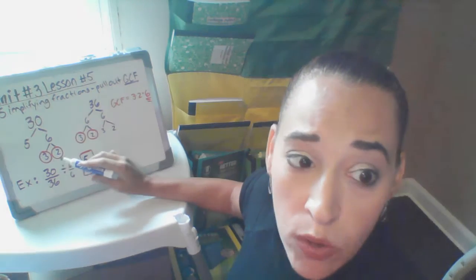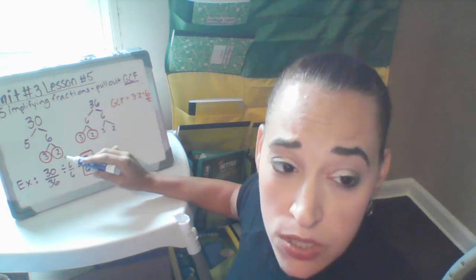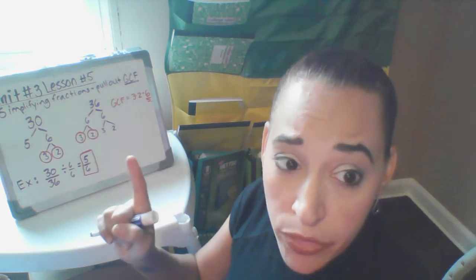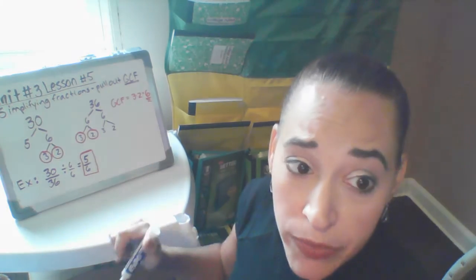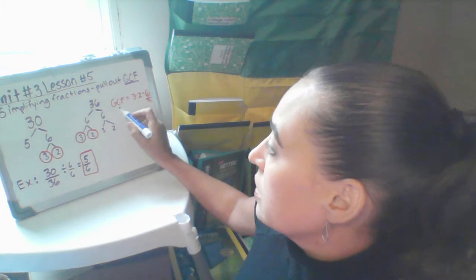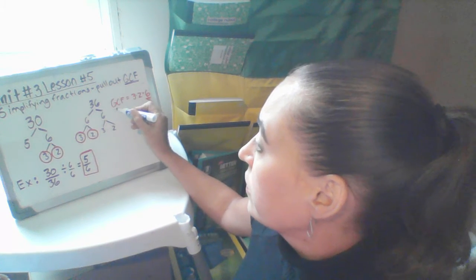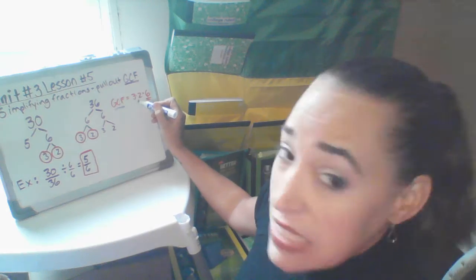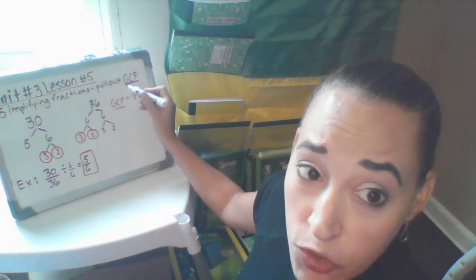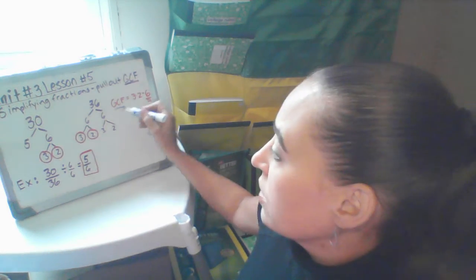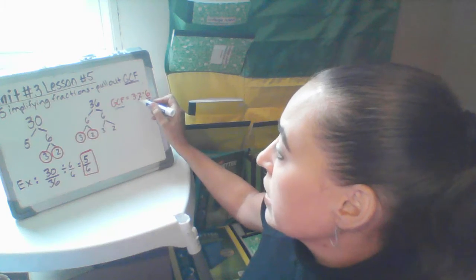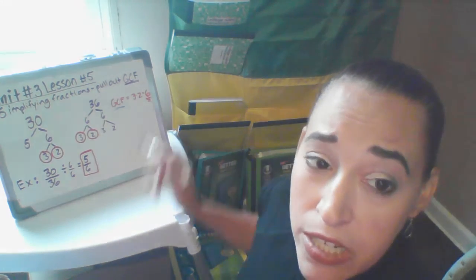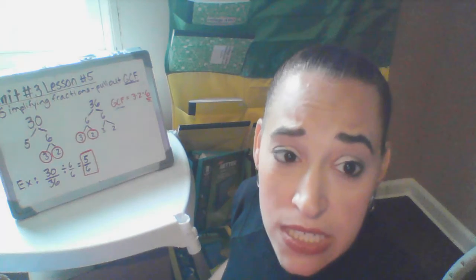So on each side I only circled the one 3 and one 2 to indicate they both have one 3 and one 2 in common. With that said, up here you say, what's your GCF? Your GCF is 3 times 2, because you're looking for your greatest. You multiply 3 by 2, and that gives you 6. So your greatest common factor is 6.